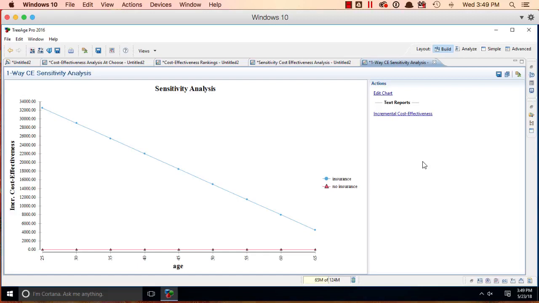When you're older, you're sicker, you need more insurance, you get more bang for your buck, you get more value out of your insurance at older ages. So as you age, insurance becomes more cost effective compared to no insurance, as seen by those decreasing ICERs. But insurance is always cost effective at ages 25 to 65 in this model because the ICER is always under $50,000.